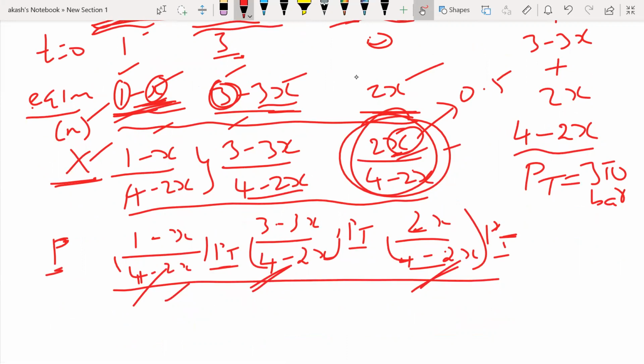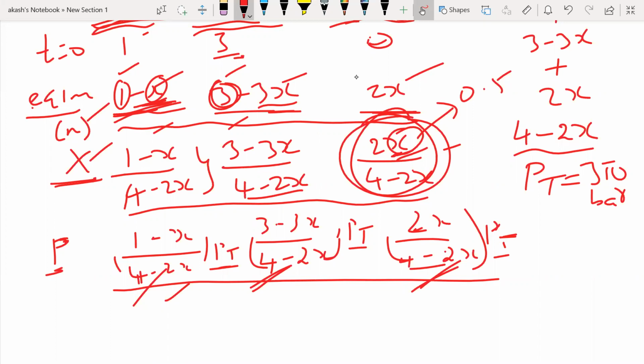Now please remember guys, whenever Kp is asked and they have given you number of moles, first draw the equilibrium table, do whatever you know first. At time t equal to 0, and at equilibrium, you have found out the equilibrium number of moles, right? Then if I ask you in Kp, obviously you have to use Pa is equal to P total into Xa, where Xa is mole fraction and Pt is total pressure.